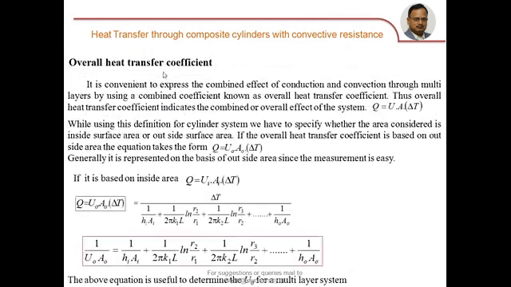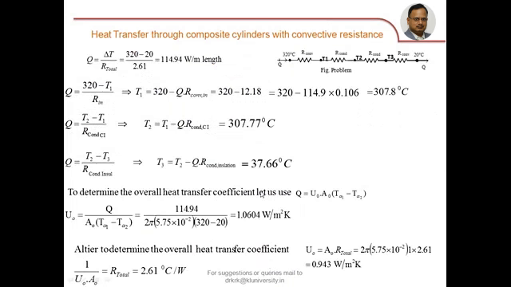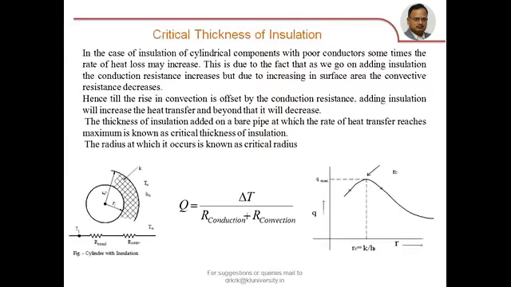That is the reason why we have defined an overall heat transfer coefficient, which is equated to the same Q value, through which I got 1 by U_o A_o equal to so and so, and that leads to the value of U_o. I hope you have understood the concept of giving the U_o value. With the given U_o value, calculating the heat transfer rate from a composite cylinder becomes much simpler, and the U_o is specified whenever there is combined conduction and convection.